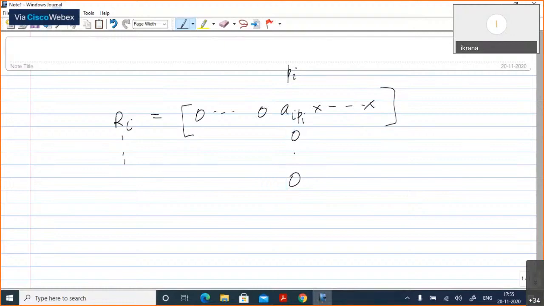I can make them 0 even if they were not. Even if there was some entry here, some entry here, by a row operation, because this is a non-zero entry, I could multiply it with a suitable scalar and add so that this becomes 0. I think I described that. So below that pivot, everything is 0.